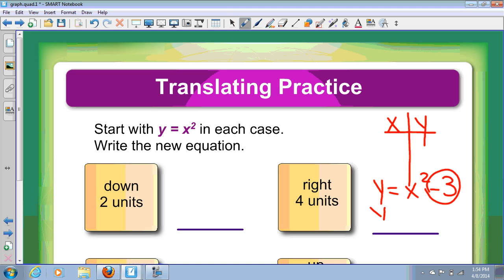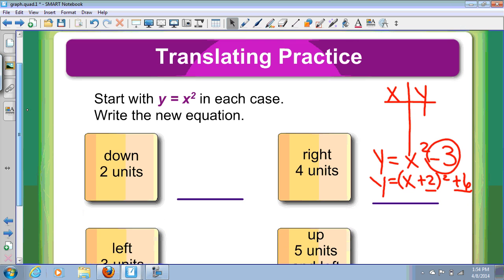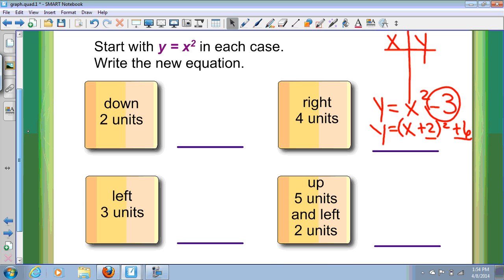Or we can look at y equals x plus 2 squared plus 6, and know that I'm 2 units to the left and 6 units up. So just really briefly, let's look at these. Start with y equals x squared, and see if you can come up with the equations and what they'll look like.